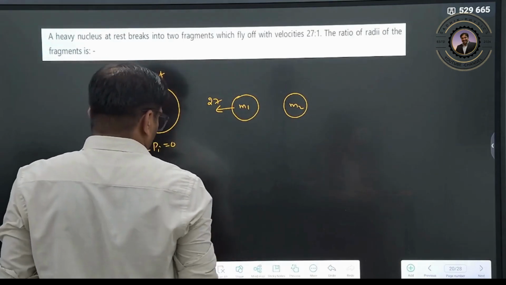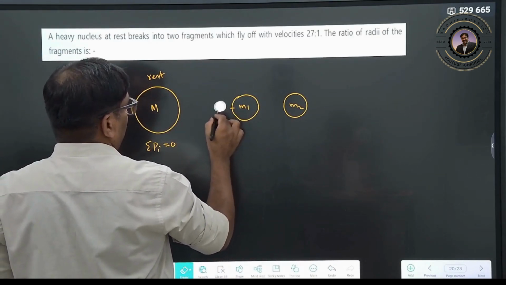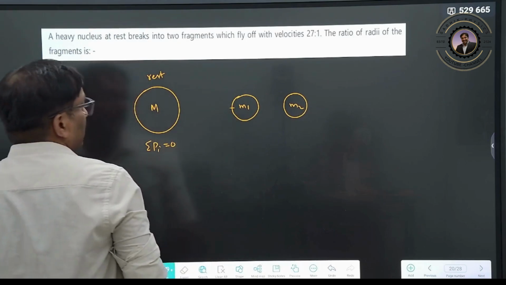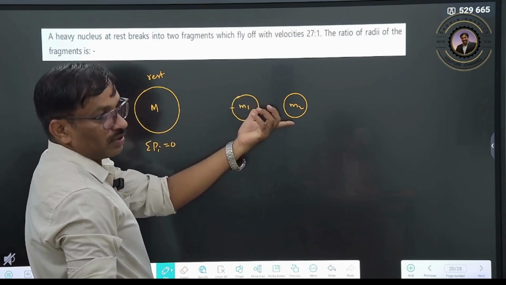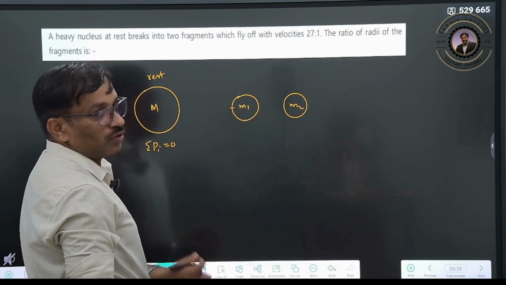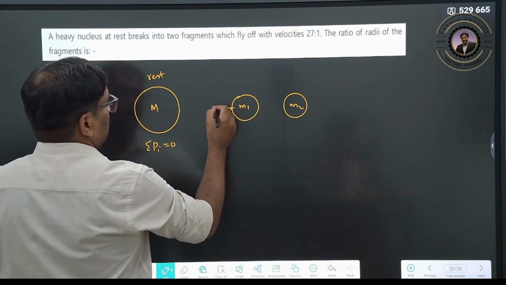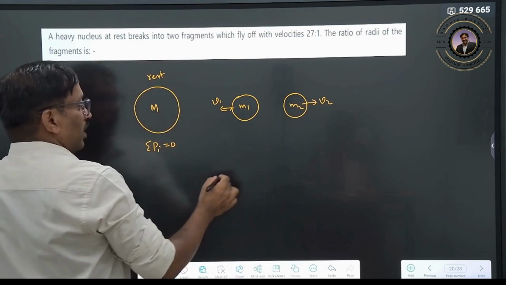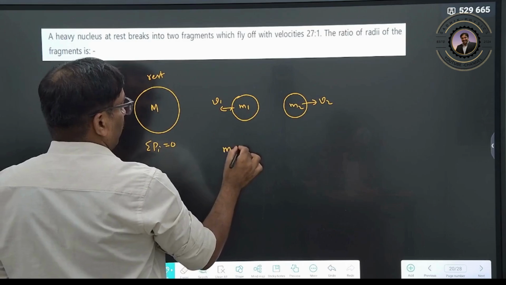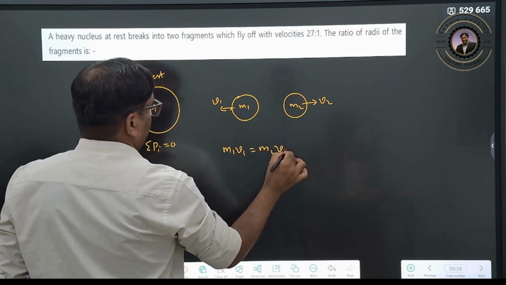If you want to calculate the radius, we know that the initial momentum is 0, so the final momentum is also 0. That means the two momenta should be the same. Suppose they go with V1 and V2. Therefore, m1 V1 is equal to m2 V2.